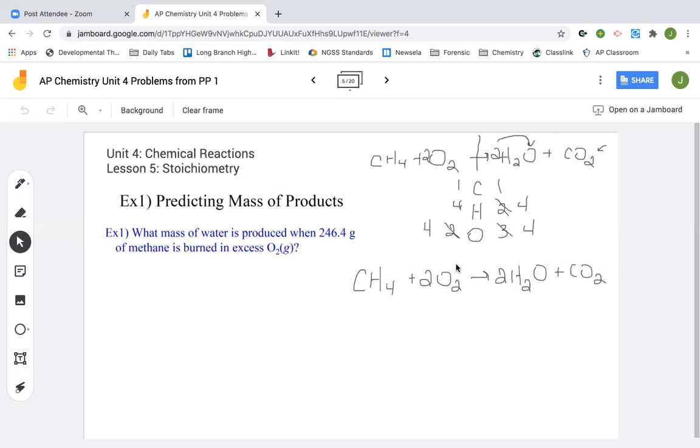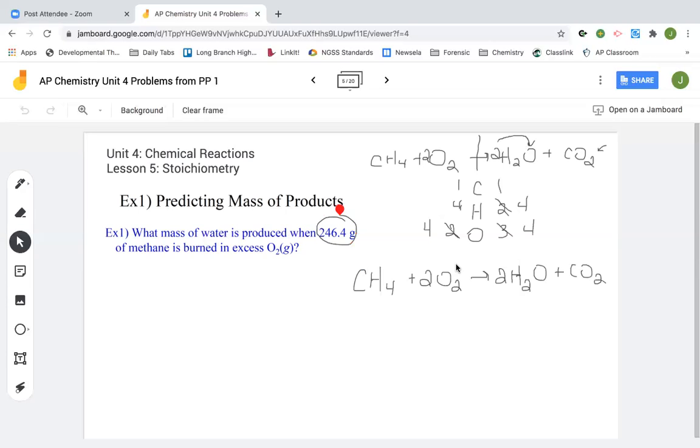Okay, we're going to use this balanced equation to then calculate the mass of water that was produced in the reaction. So when we're doing stoichiometry problems, there's a way that we set up the dimensional analysis. So remember from regular chemistry, we always start with the number in the problem.